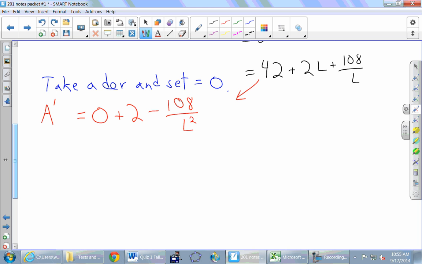Okay, so we've got our derivative. Very common to take it and set it equal to 0. It's our way of seeking out the places where the tangent line is horizontal. So let's go ahead and subtract the 2 from both sides. So it's negative 108 over L squared equals negative 2.